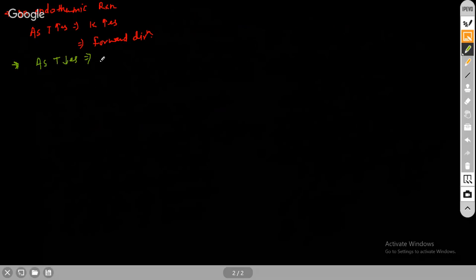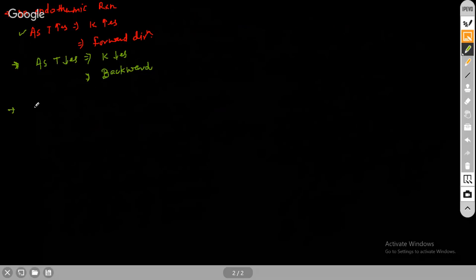So there, if you see, as temperature decreases in endothermic reaction, K value also decreases. And when K value decreases, the reaction shifts into backward direction. Okay, so these are the two possibilities we have in endothermic reaction.